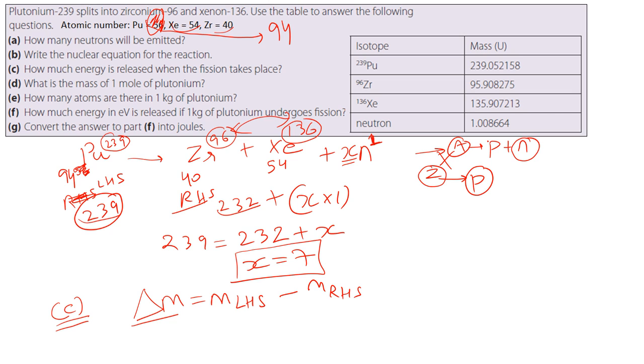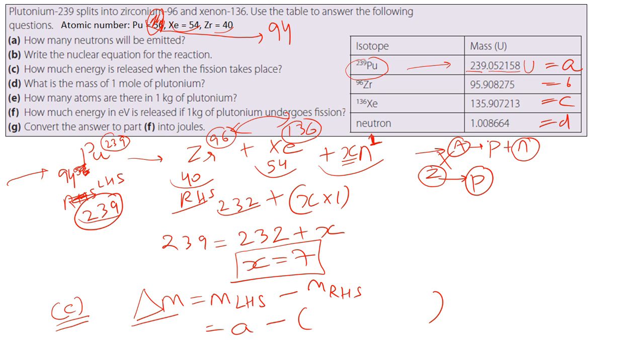If we see our reaction, on the left hand side you have the plutonium atom, and if you see the table, the mass for plutonium is given to be 239.052158 U. Let's say this is A, and I'll name them A, B, C, D. The left hand side is A, and on the right hand side you have 1 zirconium, 1 xenon, and 7 neutrons.